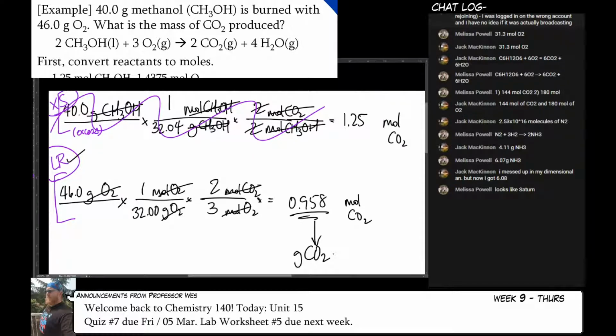Or if you just wanted to go to moles of the product and save yourself one step of the calculation, you could do that too. It's faster to just go to moles of the product and then turn the correct one into grams. That'll save you one step. But for some students, it's just more intuitive. Oh, I'll just do the problem twice and pick the smaller number. That's the limiting reactant. If that helps you, do that.